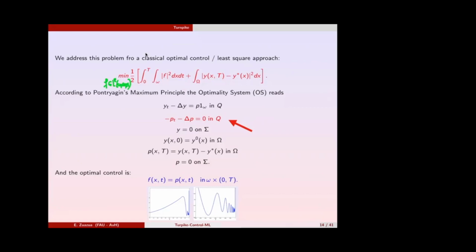Good. This functional is convex, is coercive because you see we have here the L2 norm. Because the dependence of the solution Y on F is linear, this functional is also convex. Recall what we said. Be careful with the composition of convex functionals to claim the composition is convex.